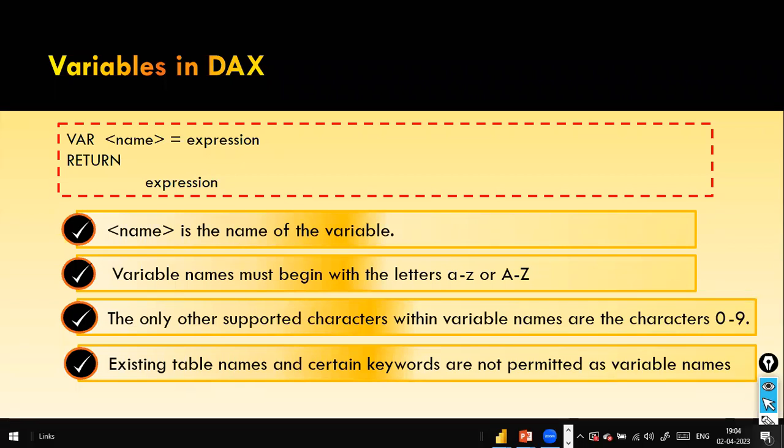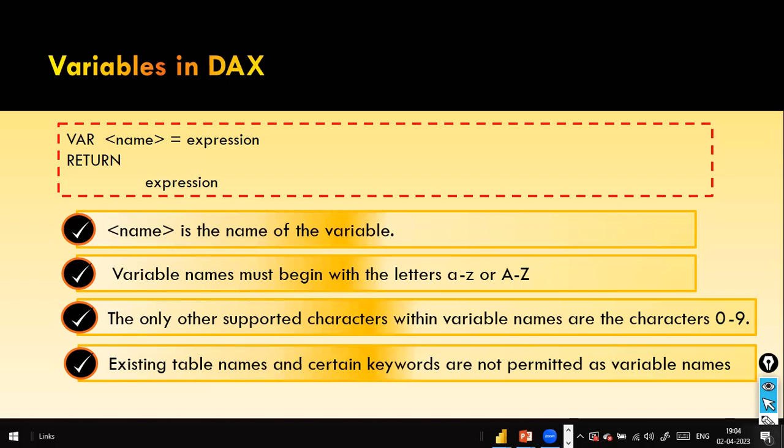To store the result of an expression with a name, which means the variable name. You can use it later as an argument for other operations inside your measures. I will show you how to create a measure and how to use the variable in a little while.